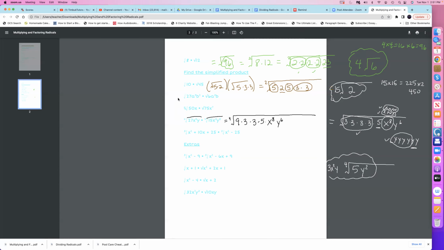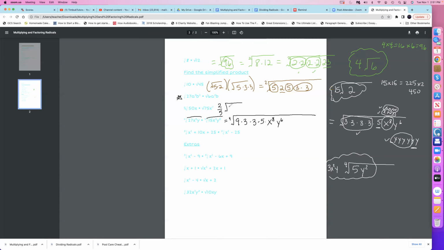And this one on your own when you get a chance, but it's kind of the same thing. Okay, now this one is 2/5 times the square root of 50x. So 2/5 is outside.